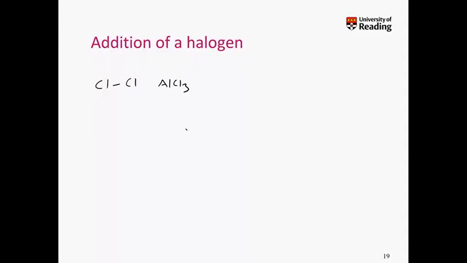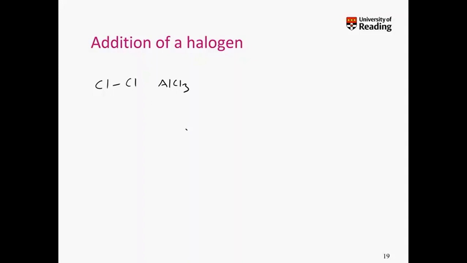It can do both things. In this case, it's going to be there to accept a pair of electrons. So we're going to make a very strong electrophile by putting this in. I'm going to show you that Cl2 plus AlCl3, a Lewis acid, gives you effectively Cl plus.